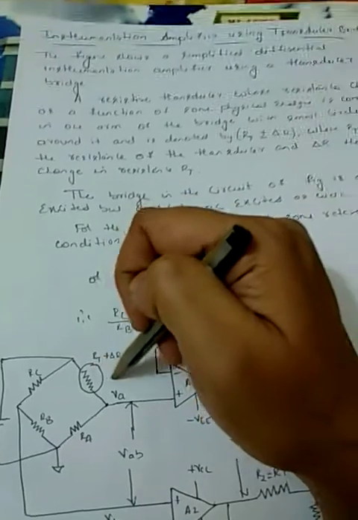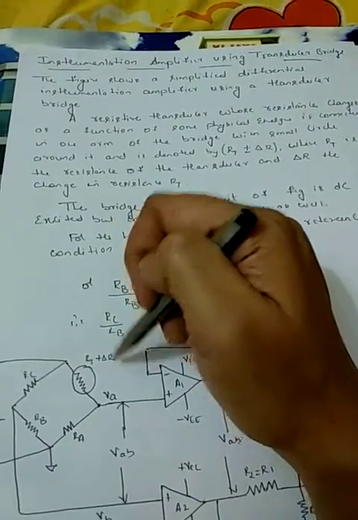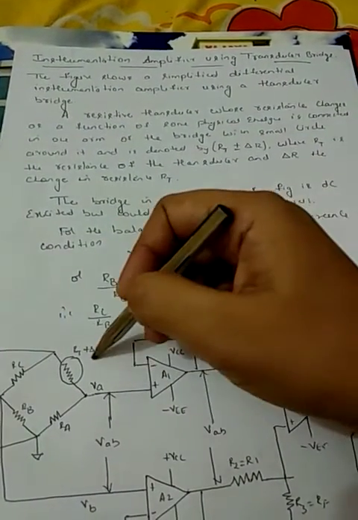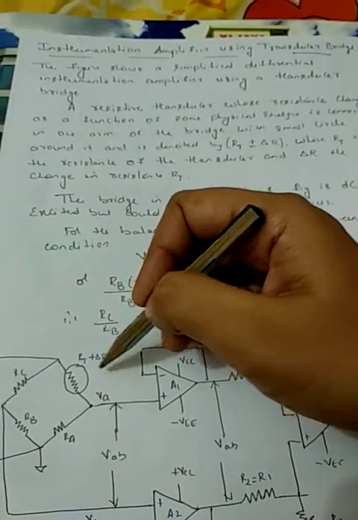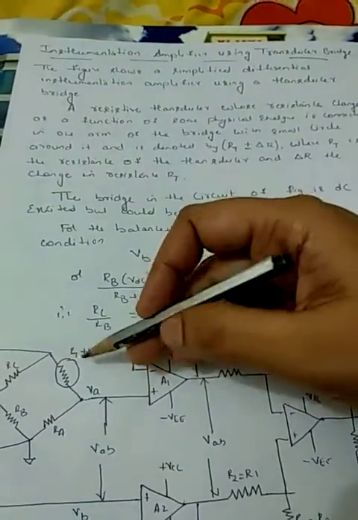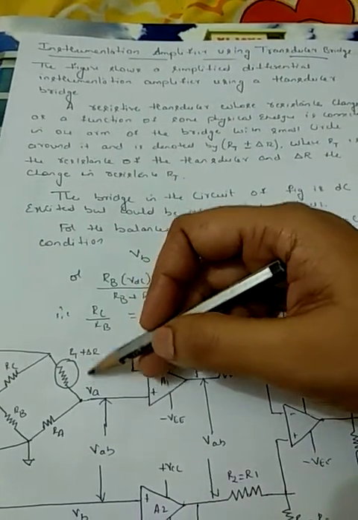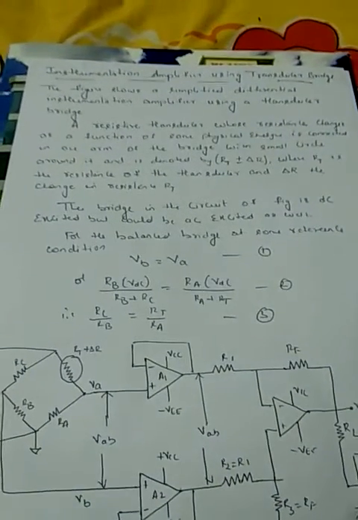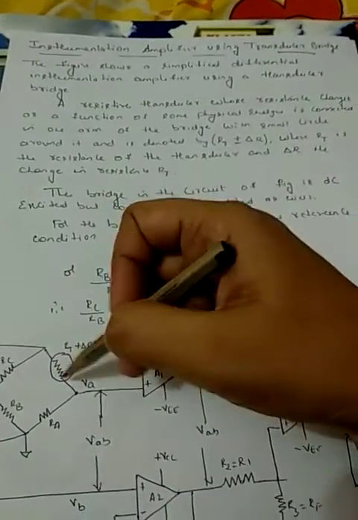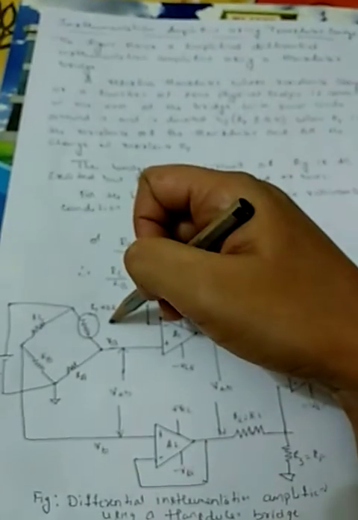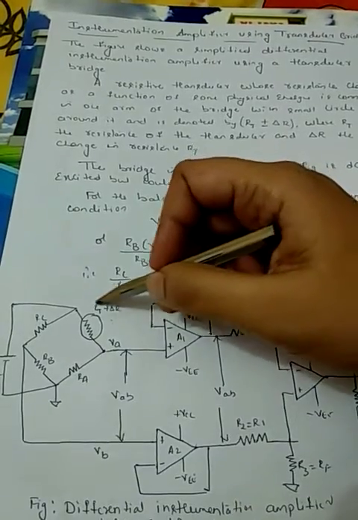The resistive transducer is represented by RT plus delta R, where RT is the resistance of the transducer and delta R is the change in resistance due to some physical quantity. If the physical energy changes, this resistance will also change.